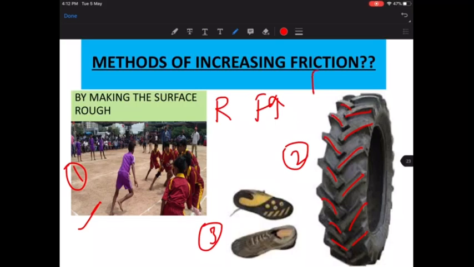By making the surface rough, they are increasing the friction, and by increasing the friction, they are going to have a good grip on the road. They will not slip easily. At times, over prolonged use, these designs will fade away. So then we know that it is time for us to replace the tires.